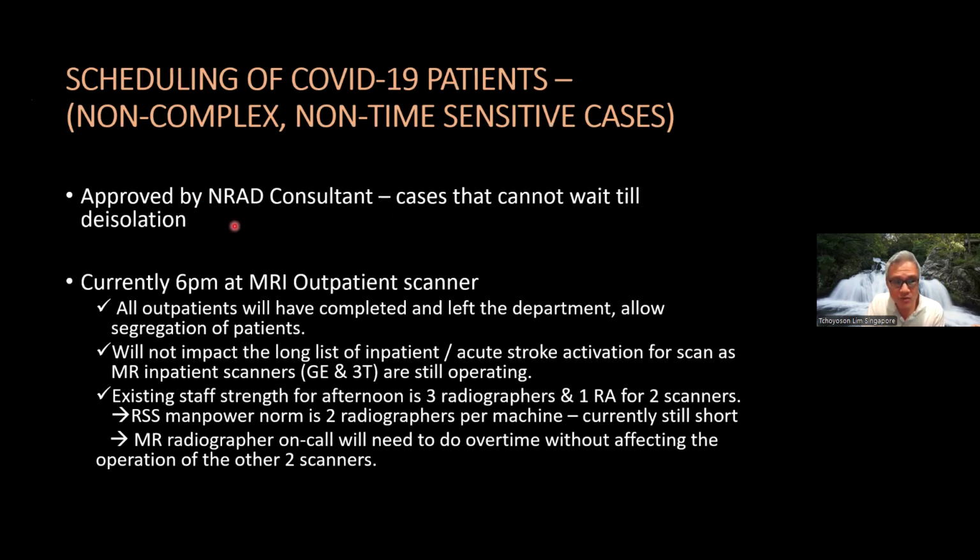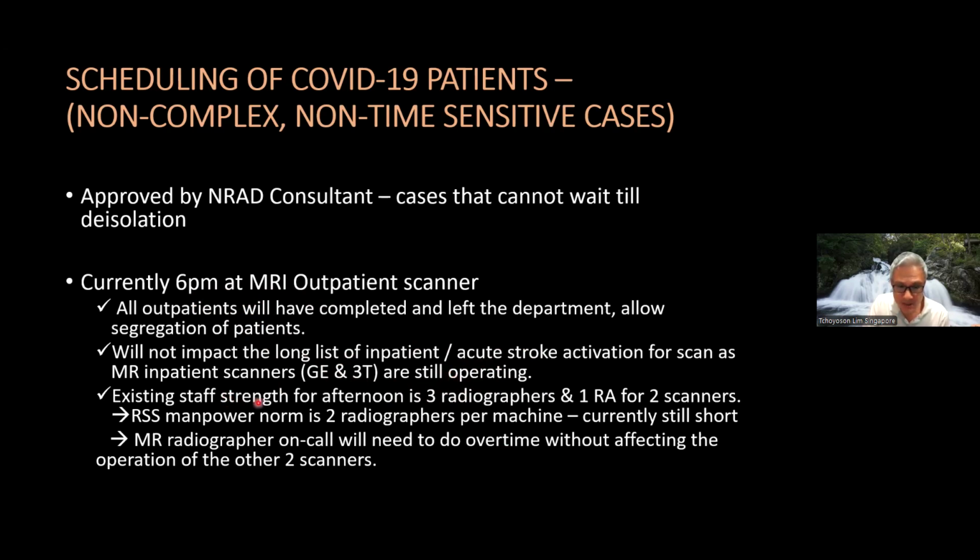Cases must be approved. Those that can wait will wait until there's de-isolation, but urgent cases, of course, need to be performed. Most outpatients at 6 p.m. would have left the department, and the tempo of the department will be much, much less intense. Mistakes will hopefully be fewer, and the other scanners may still be operating in other parts of the hospital.